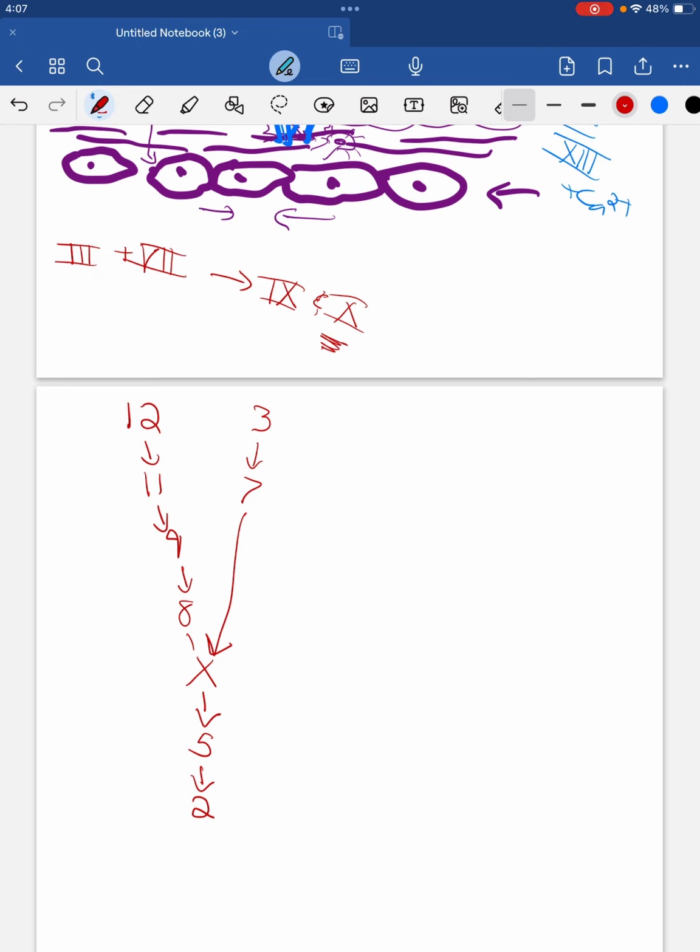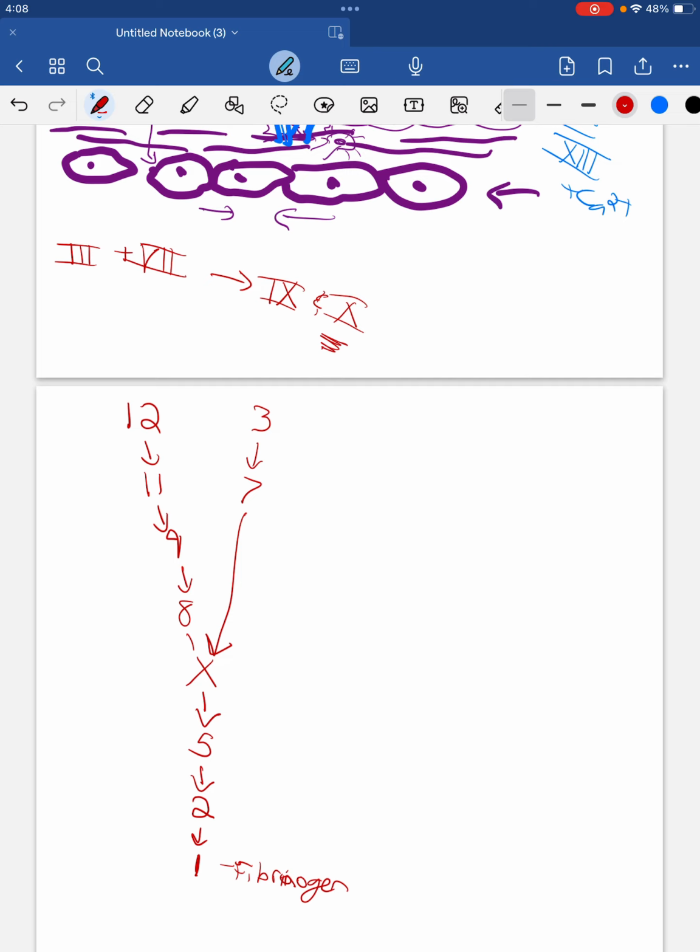Oh, and then, sorry, I'm missing one thing. We have factor 1 here as well, which is fibrinogen. I don't know if I mentioned that. Fibrinogen. Okay, so that's what links together to form that mesh network.